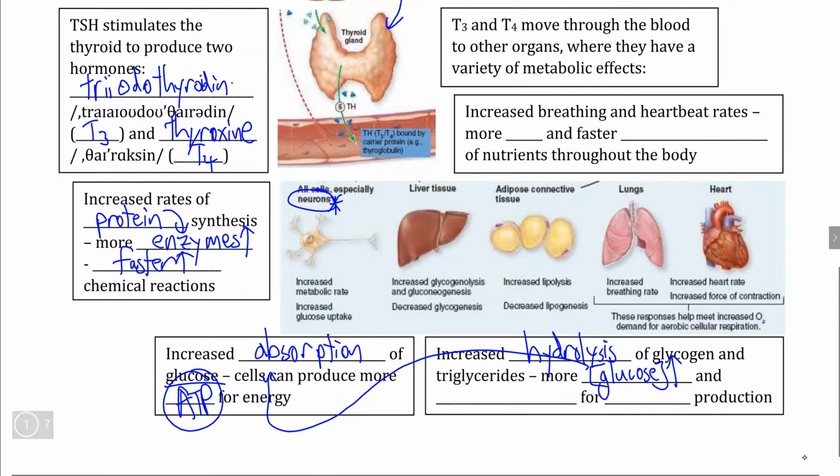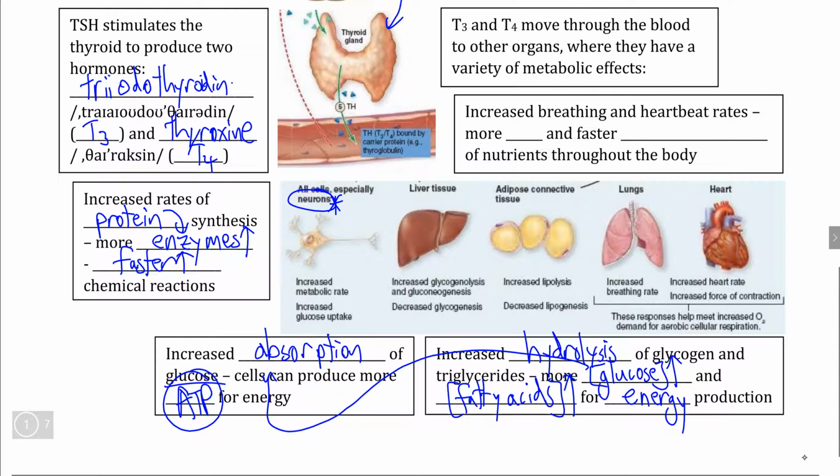And likewise, when triglycerides become hydrolyzed, that means that our body is going to have an increased amount of fatty acids that are made available, and both of these in large quantities can be used to produce large amounts of energy.